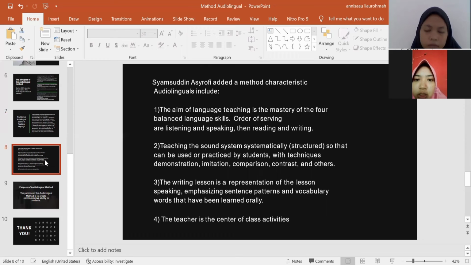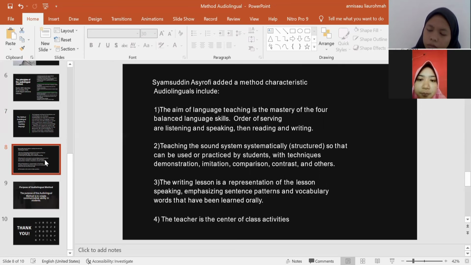Number two, teaching the sound system systematically or structurally so that it can be practiced by students with techniques of demonstration, imitation, comparison, contrast, and others.